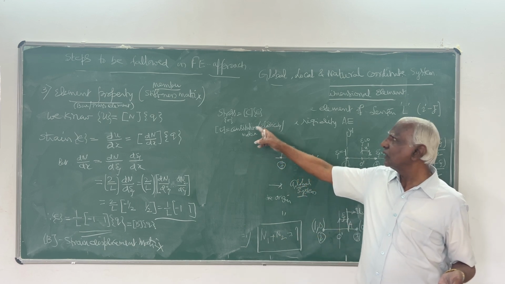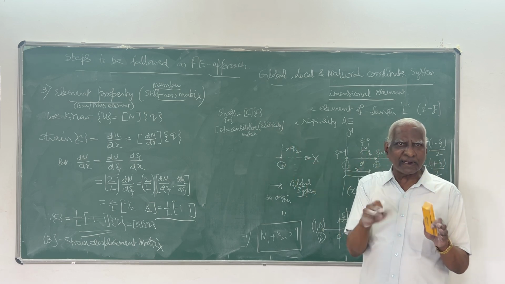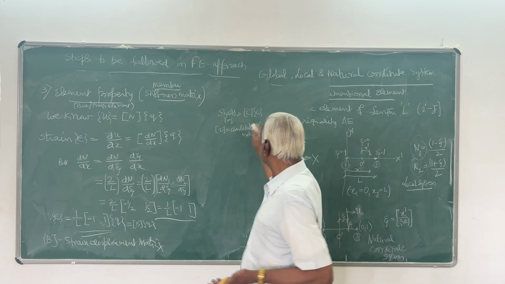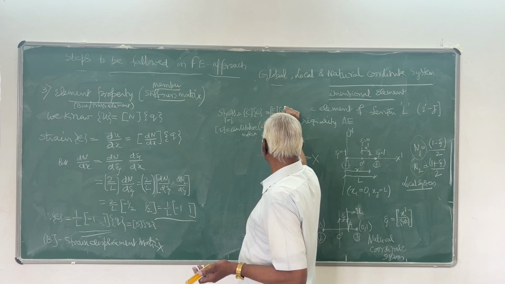Here it is only E. C is only a 1 by 1 matrix, E is the only value. So that is nothing but E epsilon.